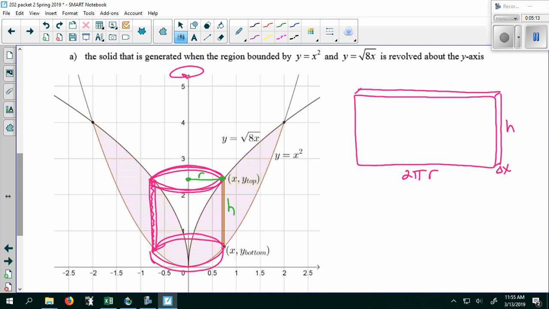All right, so r, my radius, is the distance from the center here, which is at x equals 0, to the random x value I chose as the location to draw my representative slice. So my radius in this case is x. So this is 2 pi x.